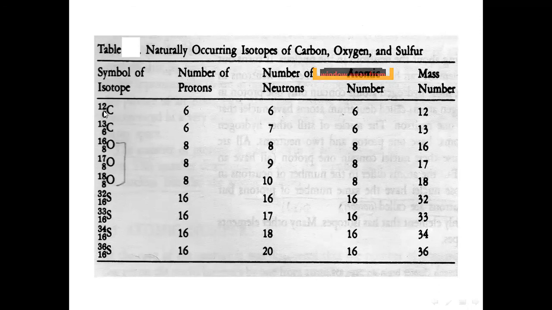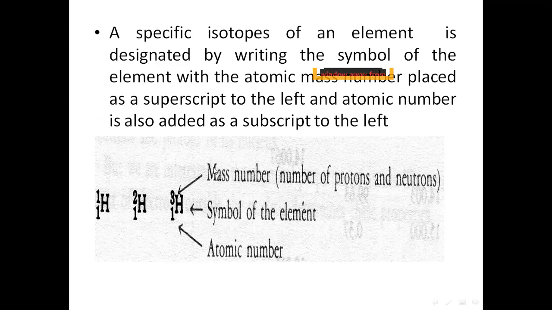The mass number equals the number of protons plus the number of neutrons in the nucleus. The atomic number equals the number of protons and also the number of electrons.